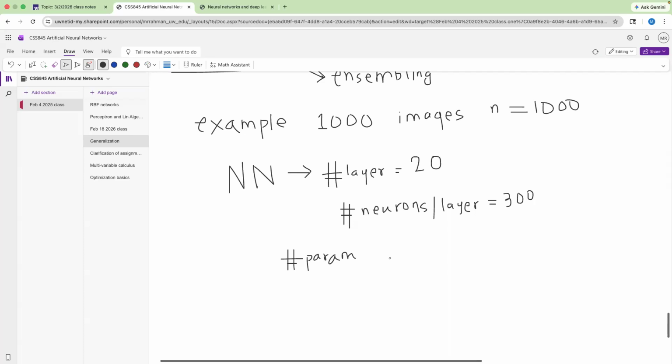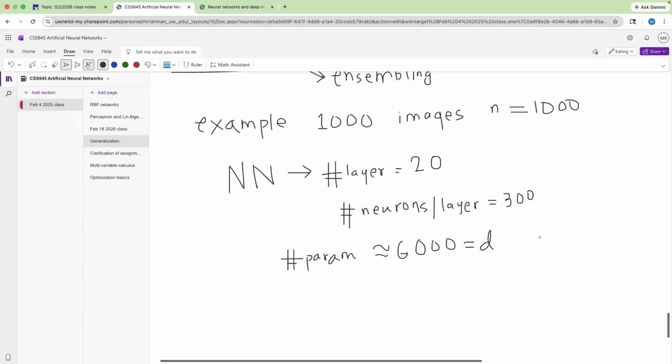6,000? Roughly 6,000, right? We would try to measure the dimension of the matrices, but roughly you would have on the order of 6,000 parameters. And you can think of this number 6,000 as a proxy for the parameter D, or the model complexity, right? So we have 20 layers, and each layer has 300 neurons.